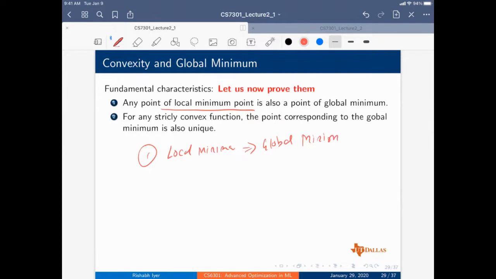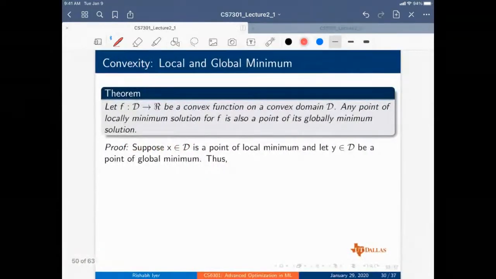I'll give a sketch of the proof here in class, and you can read the slides in more detail for the full proof. The second result says that if the function is strictly convex, then there is a unique global minima. These are the two main results that we will show.